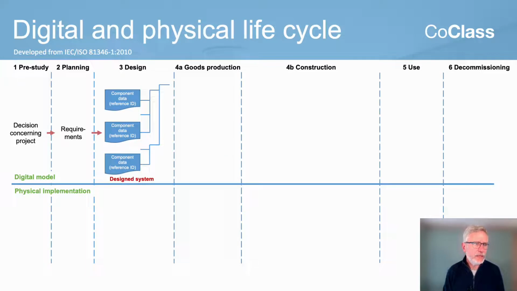Then the designer gets started. Let's say this is a ventilation system, and the designer starts designing, making his or her systems and components, adding data to them, and starting to give them a reference ID.